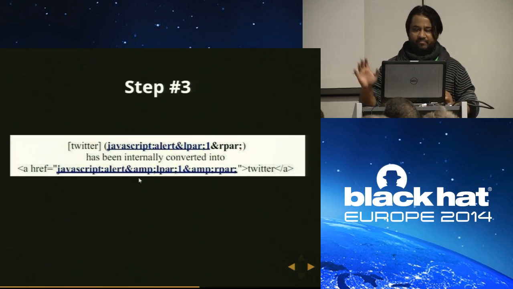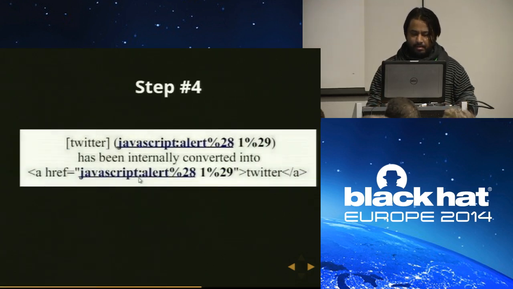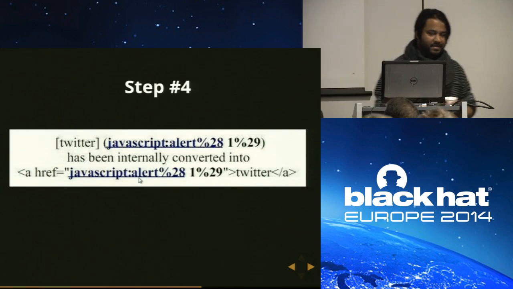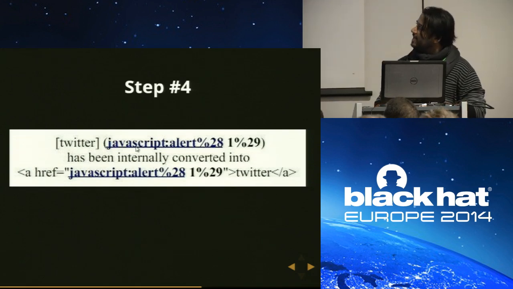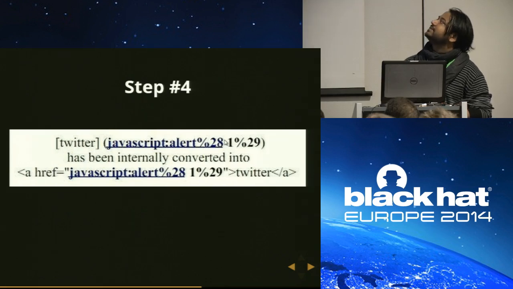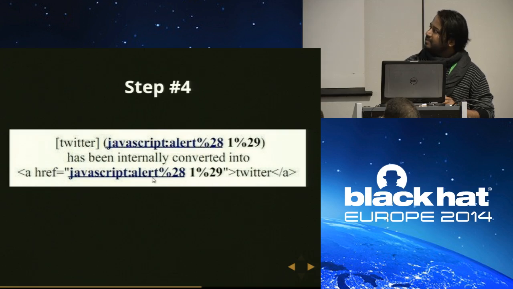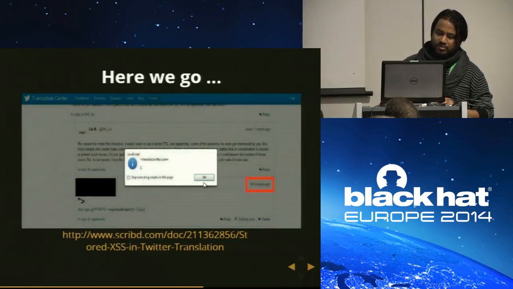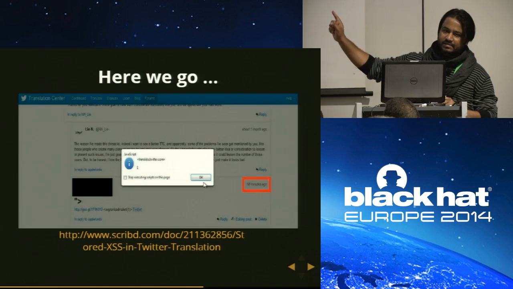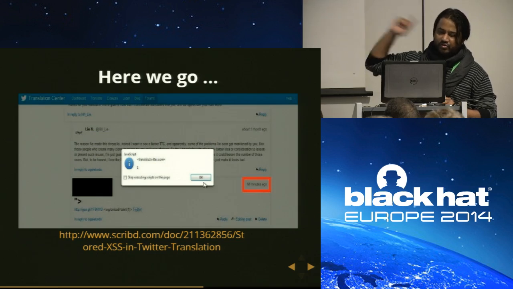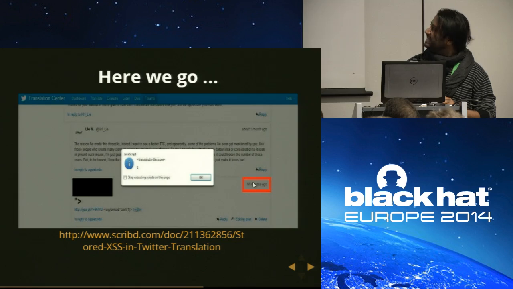My other step failed. Okay, no problem. The third step, I encoded this parenthesis into URL encoded form, and it seems there is nothing wrong here. So here you go. We have an XSS in the Twitter translation forum.